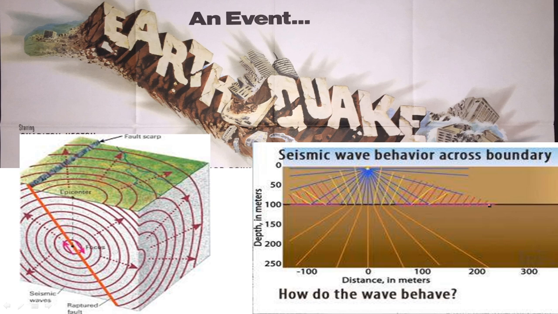When an earthquake occurs, cuando se produce un terremoto, the vibration, the seismic waves can move in all directions, and their behavior changes because of the density of the rocks, the kind of material that we can find, and also the physical state, if they are solid or liquid.